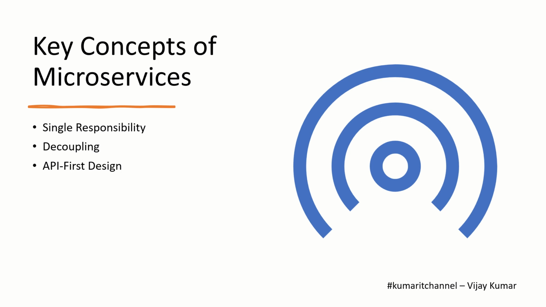So some of the important concepts, key concepts in microservices that we can discuss, is single responsibility, right? When I say single responsibility, this involves breaking down a large monolithic application into smaller, more focused services that each perform a single specific task, right?